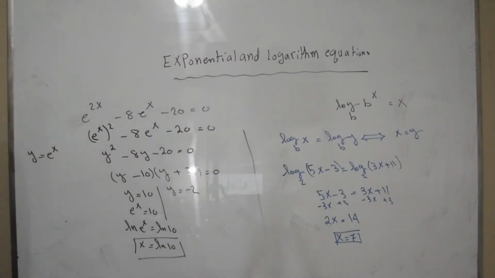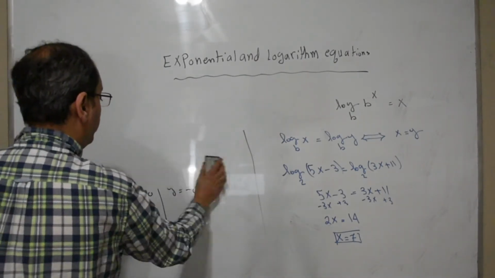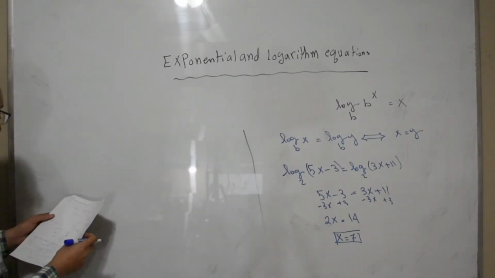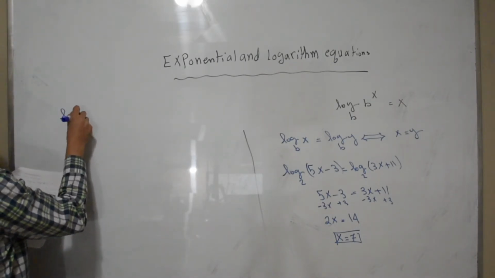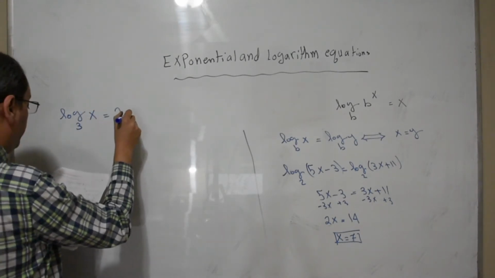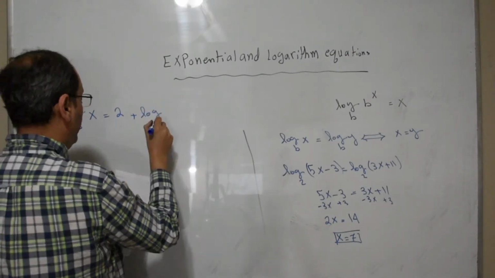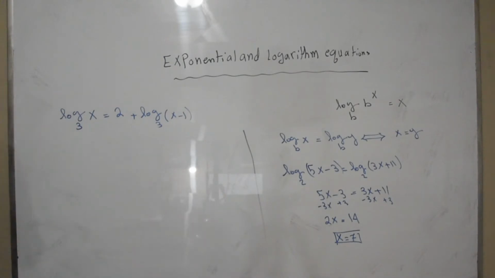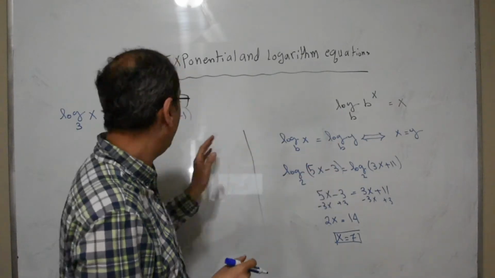Alright, I'm going to go with 3 more examples. So we have log base 3 of x equals 2 plus log base 3 of x minus 1. Here I don't have this rule, so it looks different.